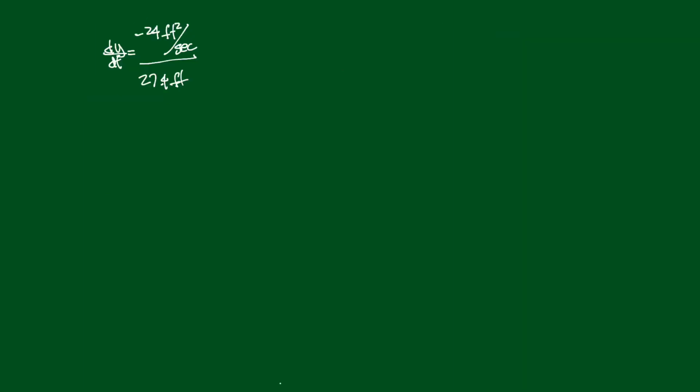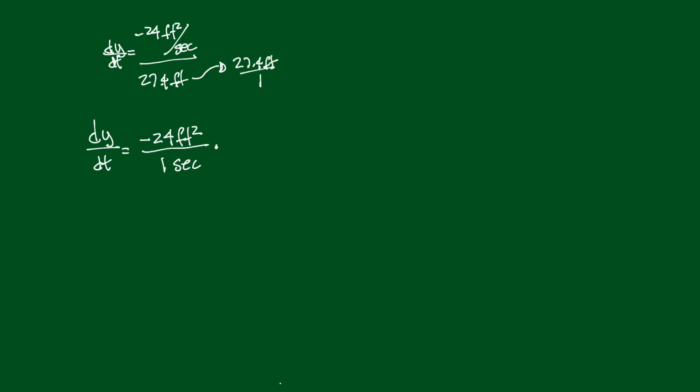Let's get a new page here. We're getting a little tight on space. So dy/dt is equal to negative 24 square feet per 1 second times, now what is this? Isn't it really 27.4 feet over 1?